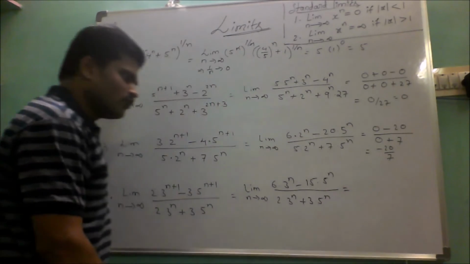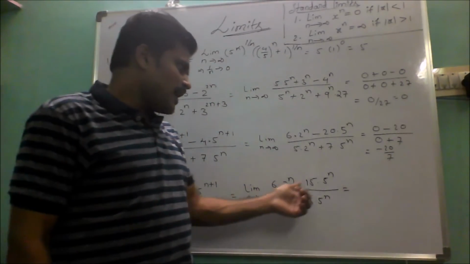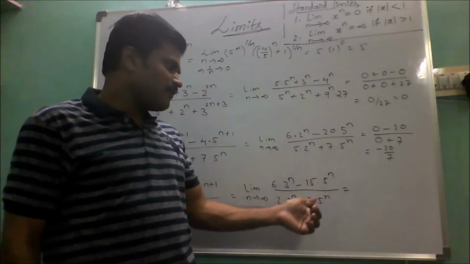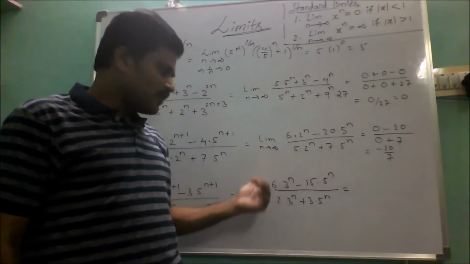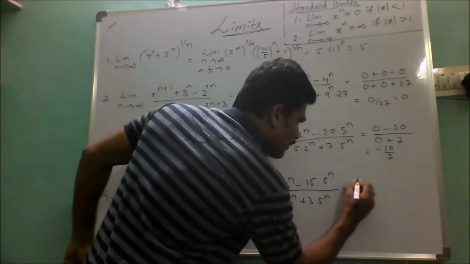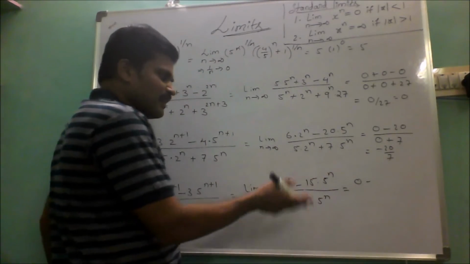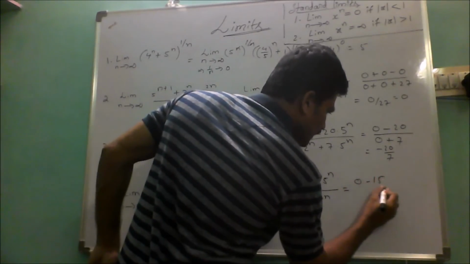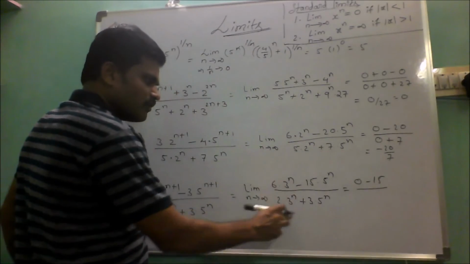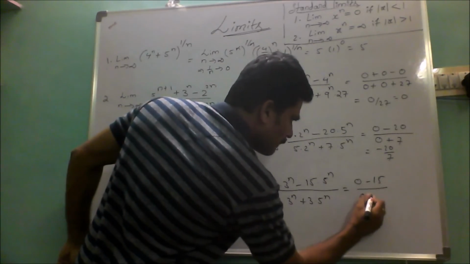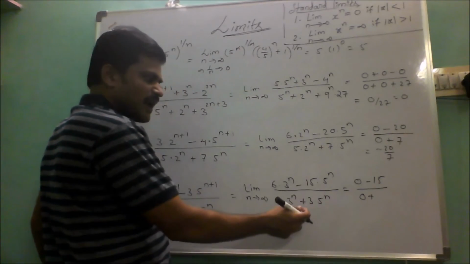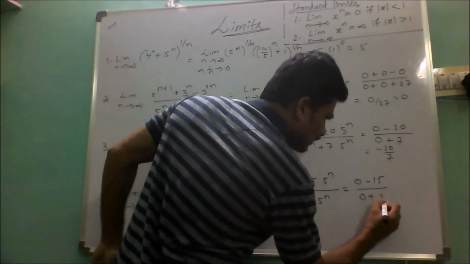Now we observe 3 and 5. The greater value is 5. Divide by 5 power n. So this value is 0. Minus 15 into 5 power n by 5 power n cancels, and only the value 15 remains. In the denominator, here also 0, plus 5 power n by 5 power n cancels and the value is 1.